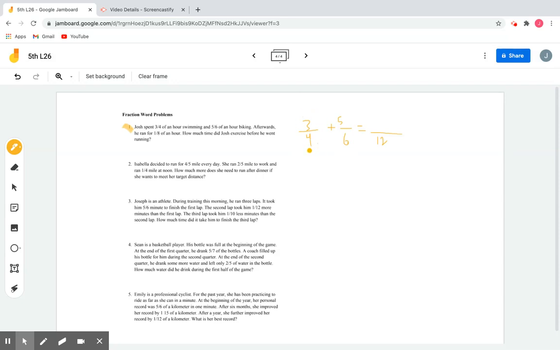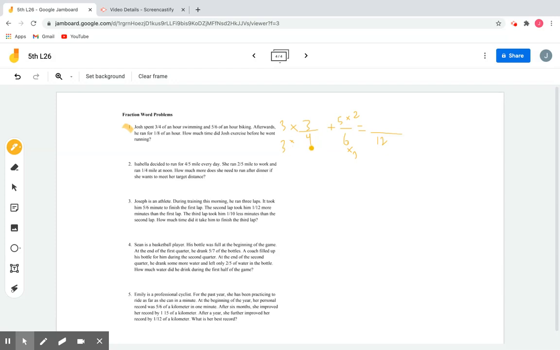Because 4 times 3 is 12. And for this one I have to multiply 2. But when we multiply something for the denominator, we have to do the same thing for the numerator. So for this one, I'm going to multiply 3 for both sides. And then for this one, I'm going to multiply 2 for both sides.